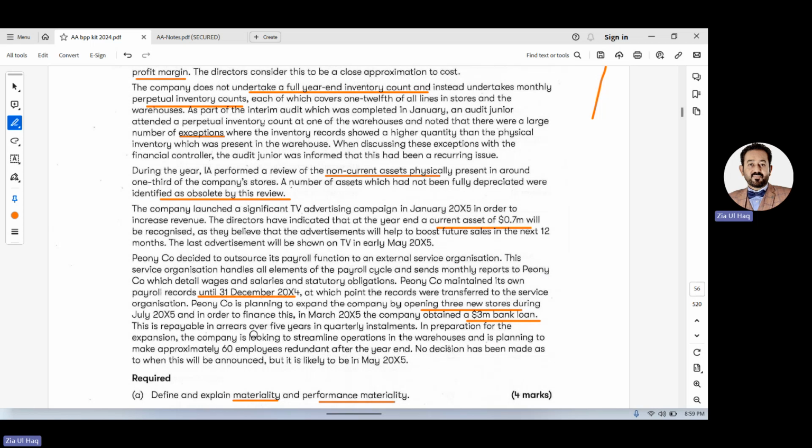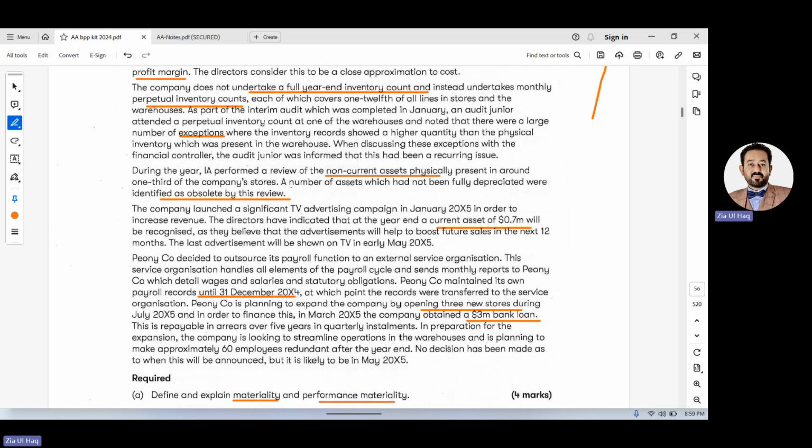It is repayable in arrears over 5 years in quarterly installments. If there are quarterly installments, this means you have to classify current liability and long-term liability. If there is no proper classification, the financial statements could be manipulated.